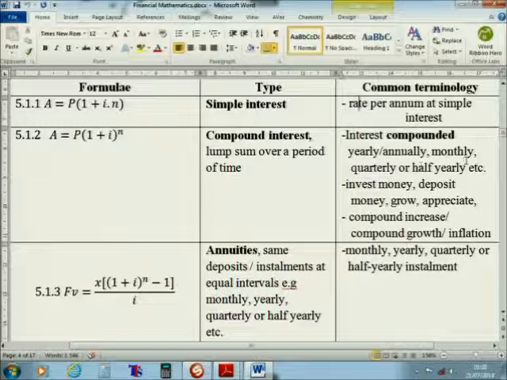And what effect does it have on your N here? It's all about multiplying. Annually, you multiply by 1 because it's per year. Monthly, we multiply by 12. If it says quarterly, we multiply N by 4. And if it says half yearly, we multiply N by 2.